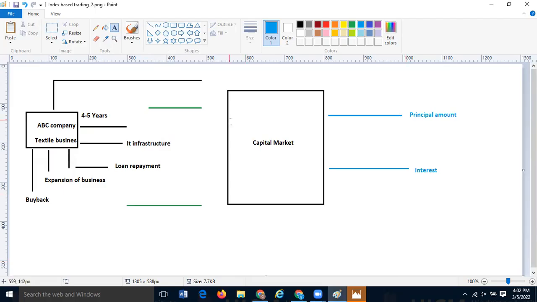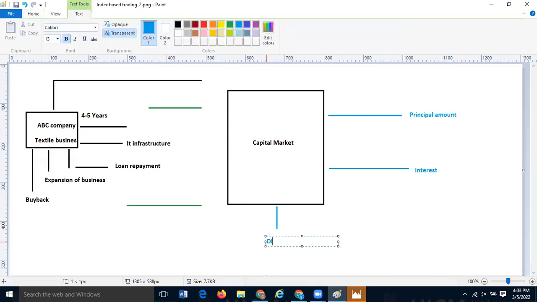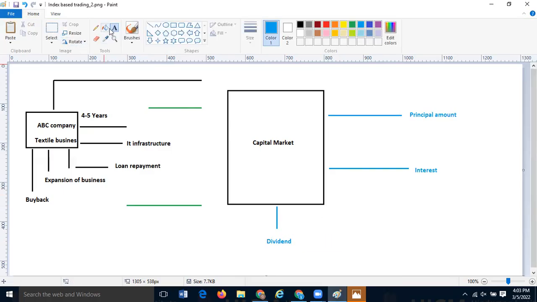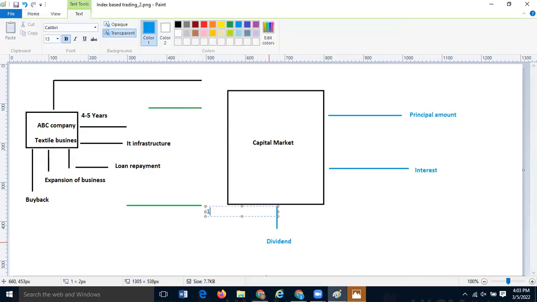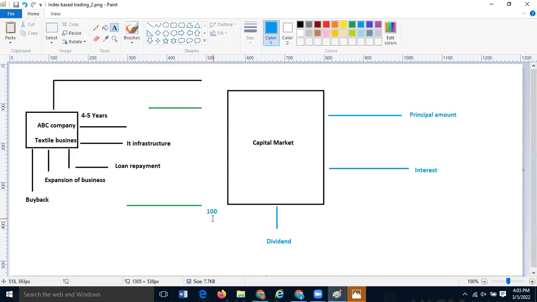The only thing is that if they are raising money from the capital market, they only have to pay the dividend. We will learn what those are, just keep it in your mind. Dividends are given out of the profit. Suppose a company is earning 100 rupees, and it says I want to distribute 10 percent of my total profit.